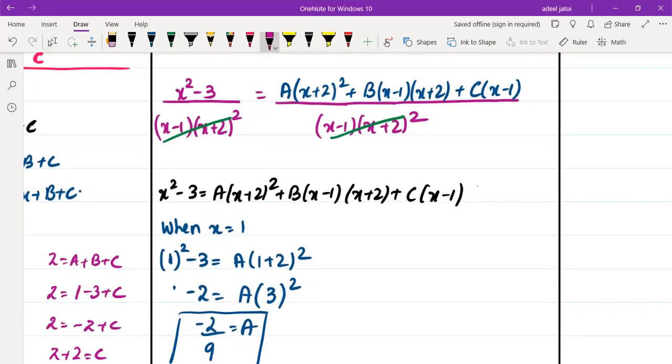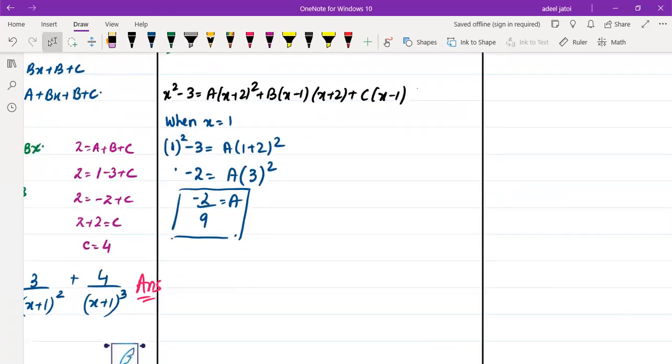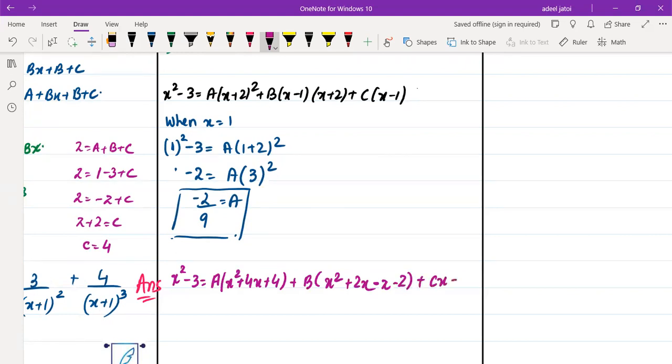Since we have repeated roots, for repeated roots you will be using the comparing method. And your comparing method starts right from the question itself. That is x square minus 3 equals a(x square plus 4x plus 4) plus b. This bracket will be opened as x into x is x square, plus 2x, minus x, minus 2, plus cx minus c.